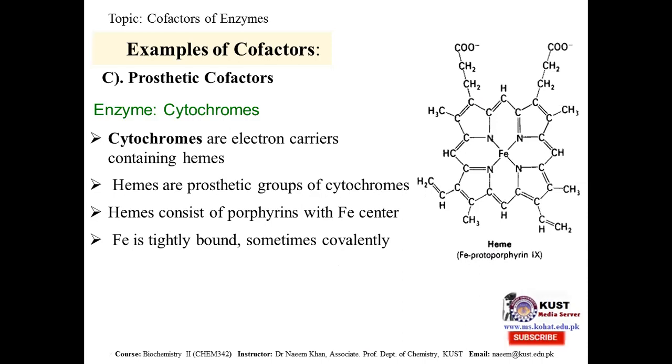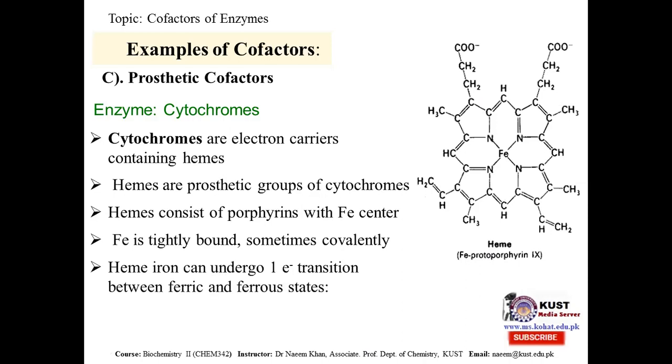And this iron may be in the +2 state, maybe in the +3 state, and this explains how it may be helping the enzymes to catalyze the reaction. Heme iron can undergo one-electron transition between ferric and ferrous. Iron is changing from the ferric state to the ferrous state by accepting an electron, and vice versa is also possible, from the ferrous state to the ferric state, by losing one electron.